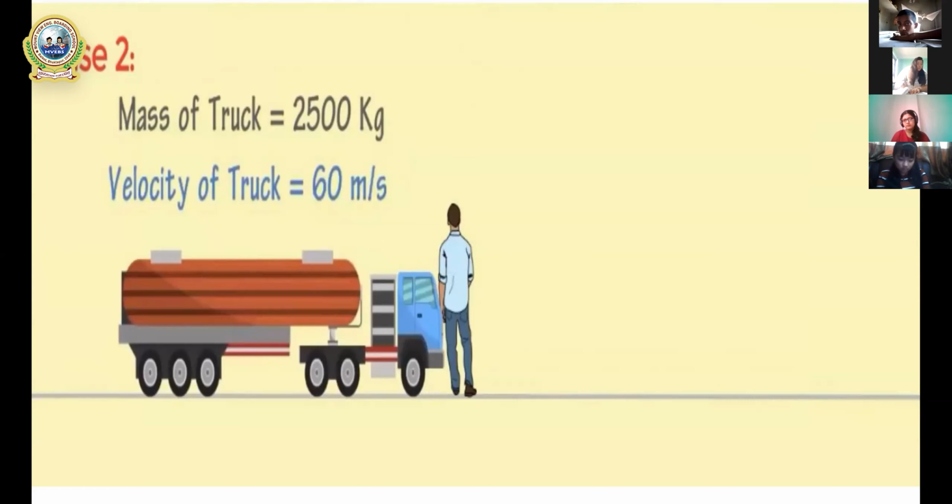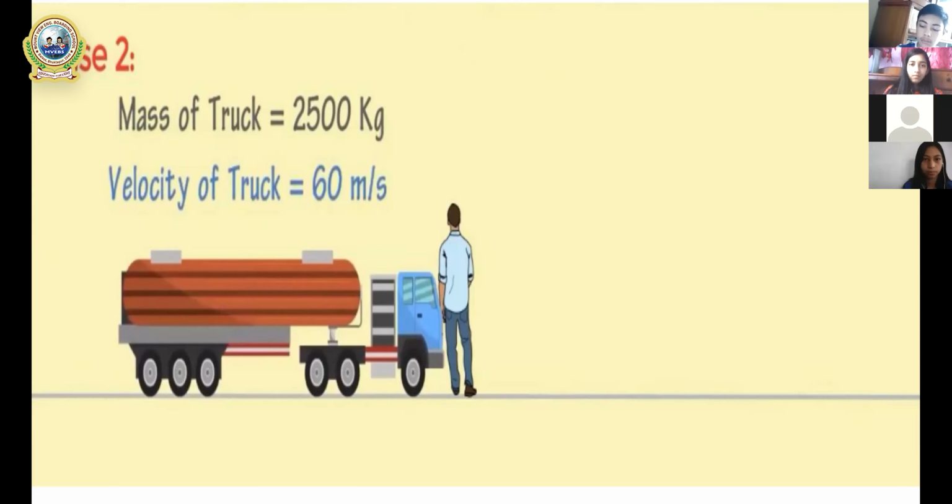If you compare these two examples, the momentum of the bicycle and the momentum of the truck, which is more dangerous for us? The momentum of the truck. Very good. So why? When people collide with heavy vehicles, you sometimes hear in the news of people being killed by a tipper or heavy truck.